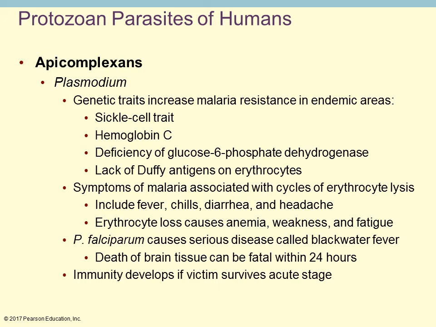But if you have that gene, it does give you protection against malaria. Having the genetic trait for hemoglobin C also gives you resistance. And there are a couple of others listed there; if you have one of these genetic traits, it does give you some resistance to malaria.